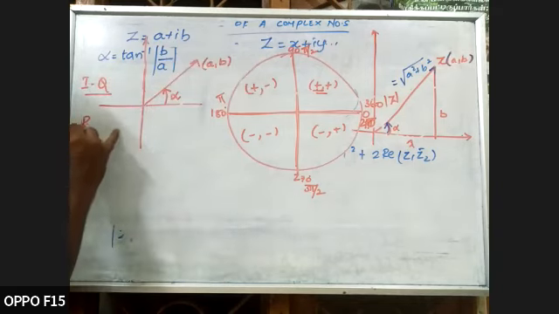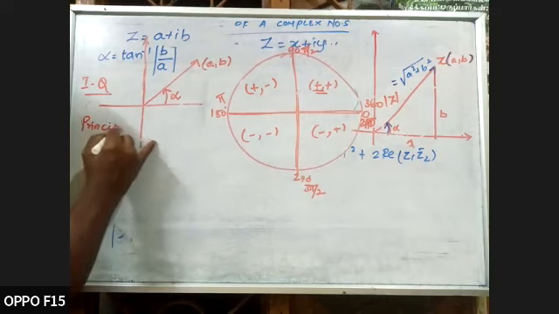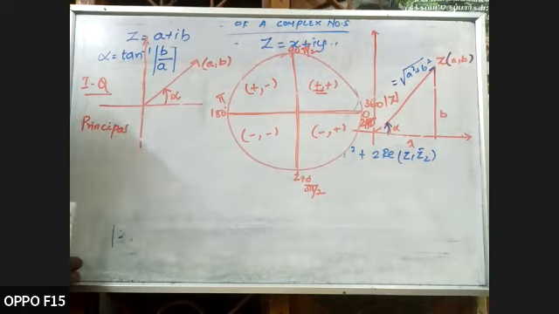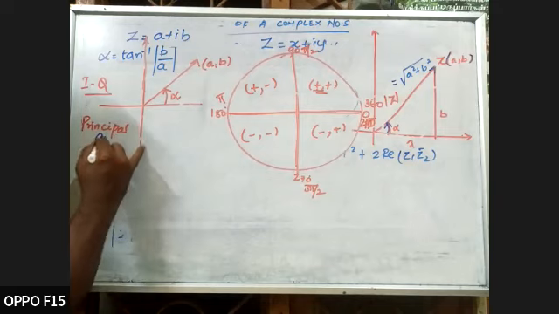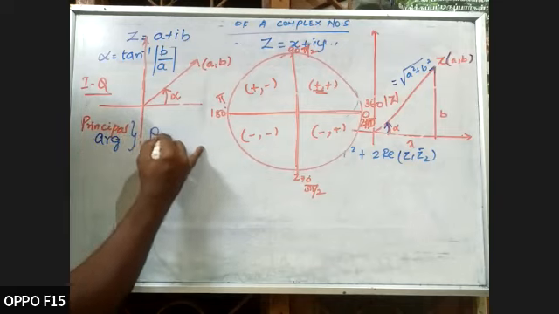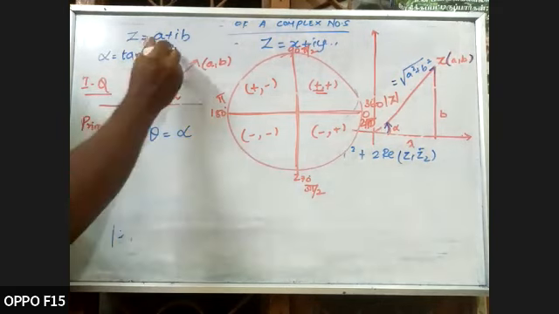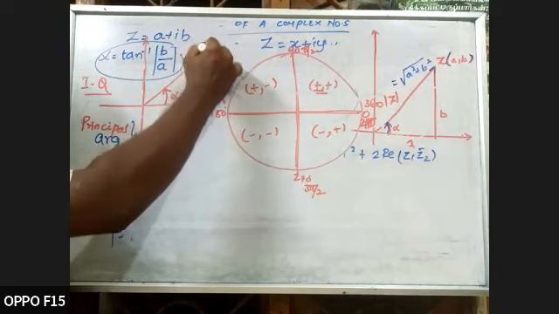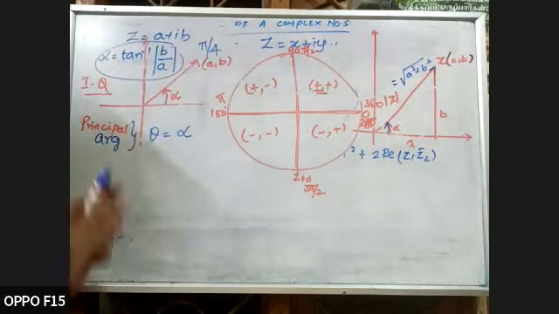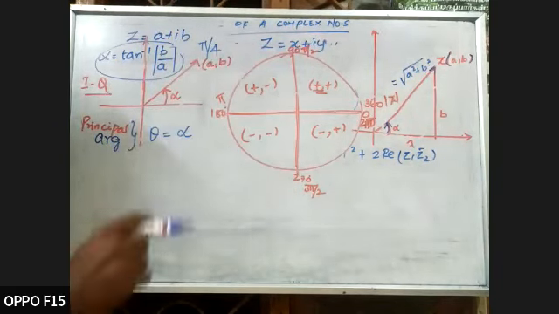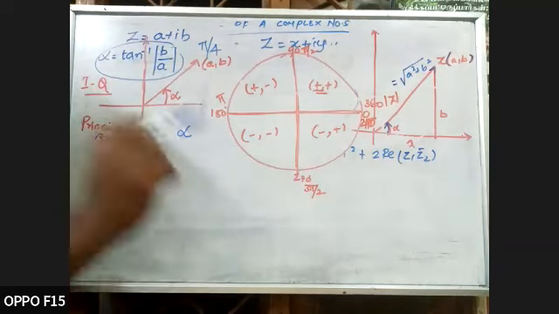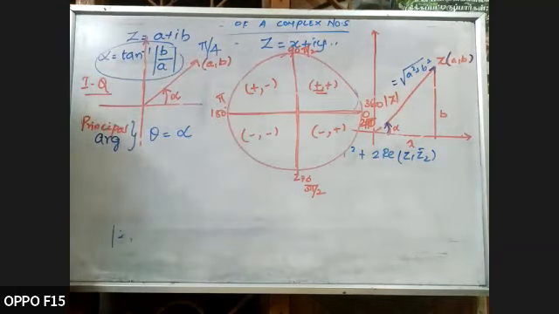The principal argument, we give the symbol theta. If it is in the first quadrant, theta is simply alpha. If alpha's value is pi by 4, for example, that is your principal argument. There is no change in that, when the coordinates (a, b) lie in the first quadrant.